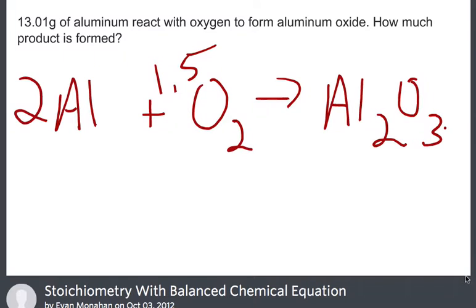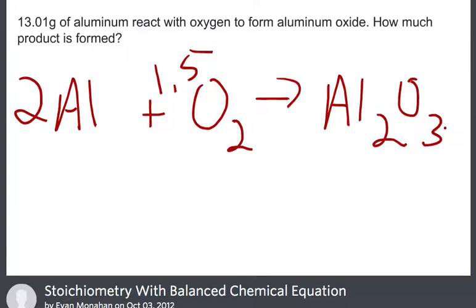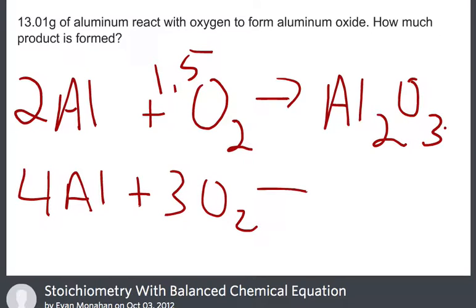Alright, so I'm just going to rewrite this equation over here. The aluminum would become 4 Al plus 3O2 yields 2 aluminum oxides.